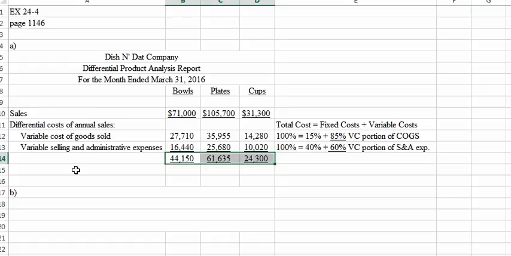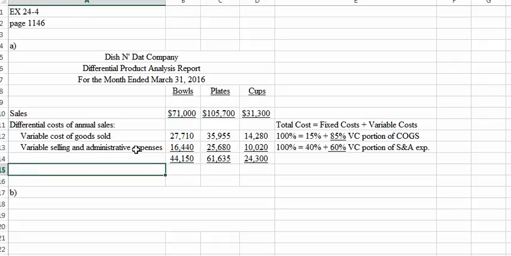Alright, now we're going to subtract our variable cost from sales and see if this particular product line is covering its own variable cost. If they're covering their own variable cost and contributing something toward fixed cost to the company, then we'll want to keep them around.